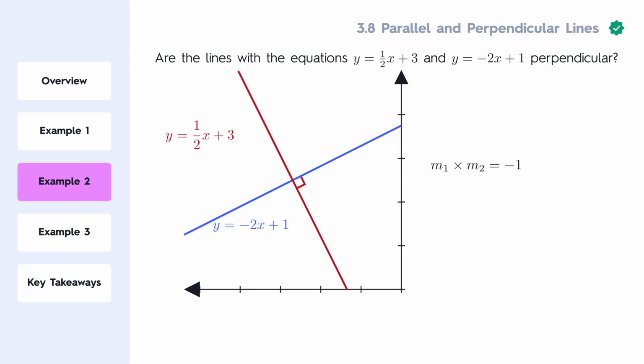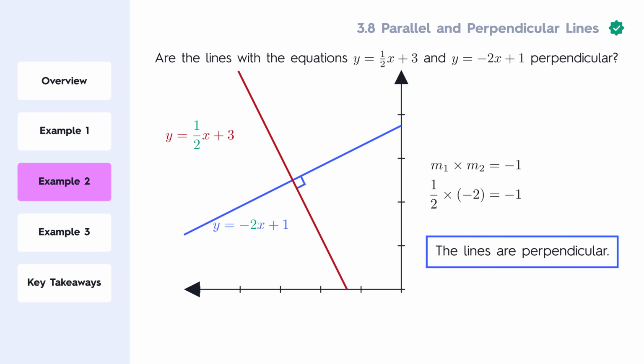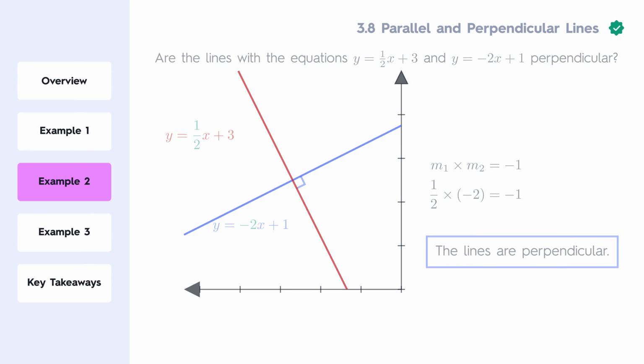For the line y equals 1 over 2x plus 3, the slope is 1 over 2. For the line y equals -2x plus 1, the slope is -2. Now, let's multiply the slopes to see if they are negative reciprocals of each other. Since slope 1 times slope 2 equals -1, the lines are perpendicular.